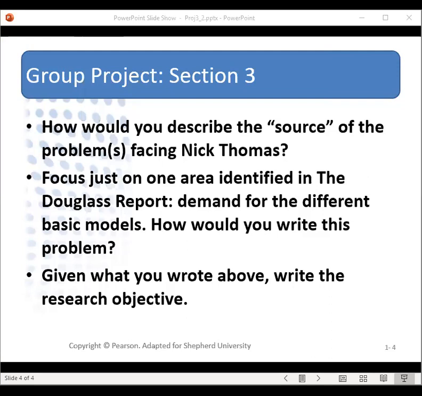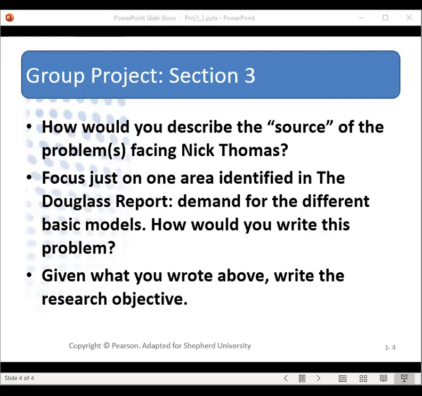That way, management can compare the potential sales, the amount purchased, with the cost for retooling. So that question, I think, is the marketing research problem for what we would gather from the Douglas Report.